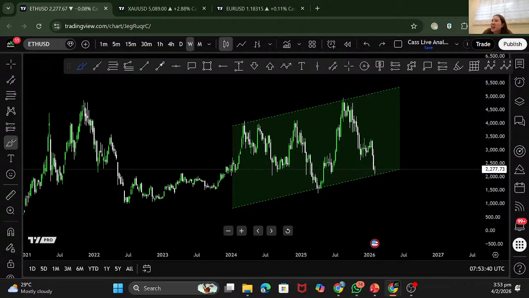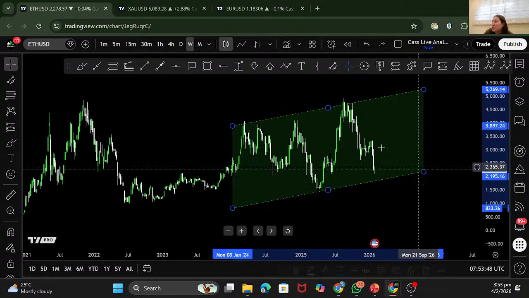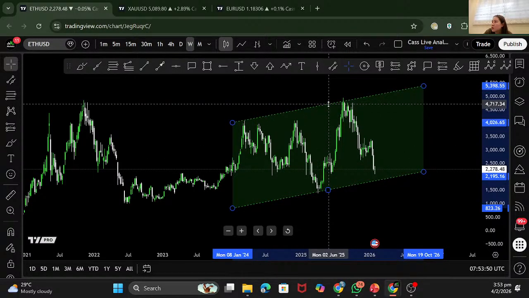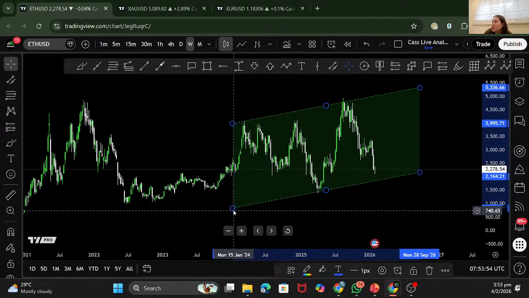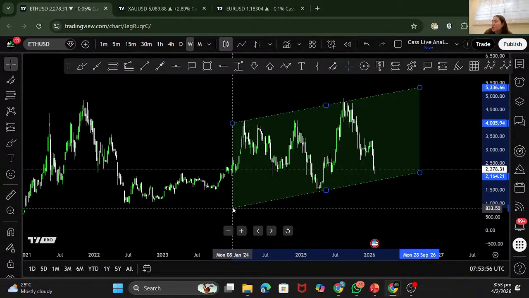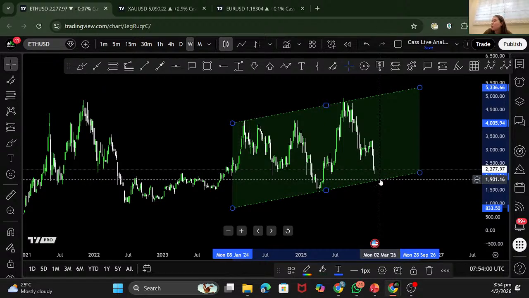I think there's a high possibility it might form the channel, but then again, the channel could shape any different way it wants to, right? It could do this. It could do this, right? So depending on how you draw the channel, that looks like there is room for Ethereum to drop.